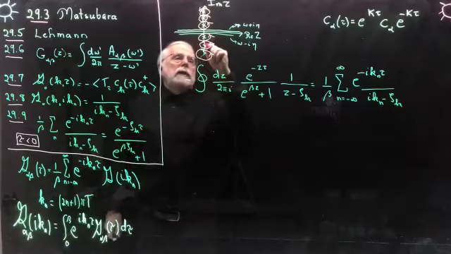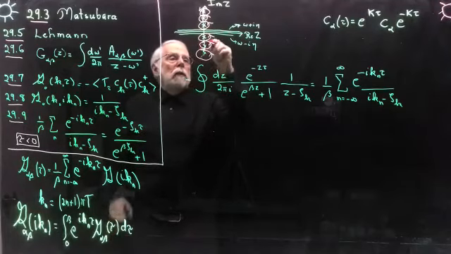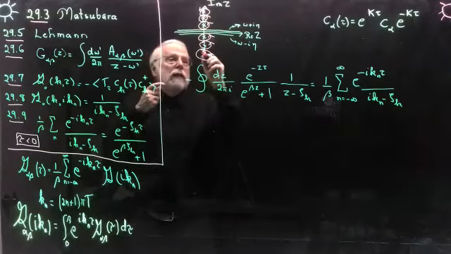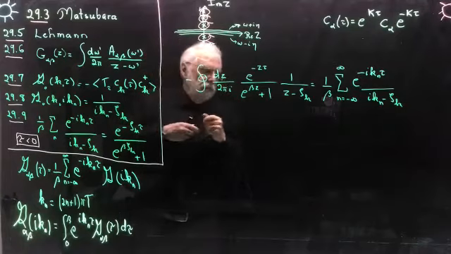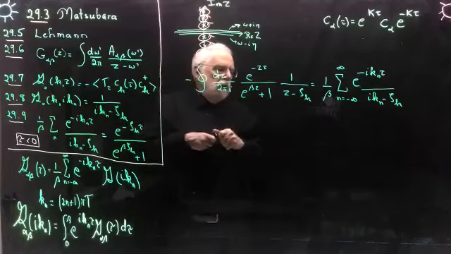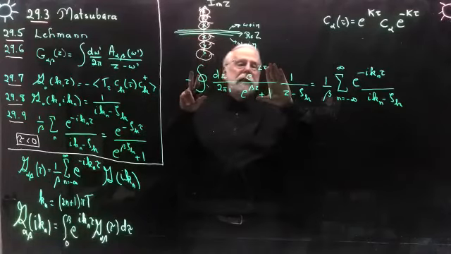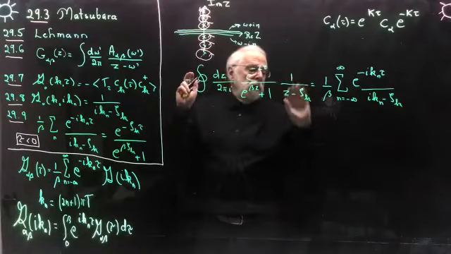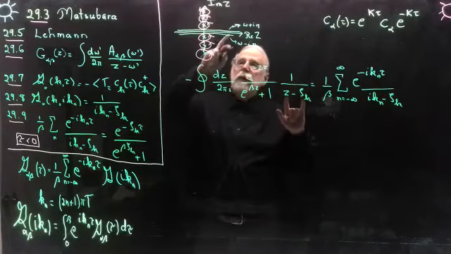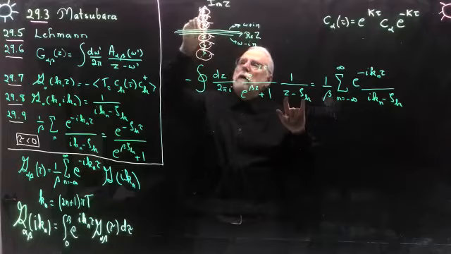What happens now when I do this contour integral around any one of these? Let's take one of them. Then I have to look at whether this function is analytic or has poles. These things are on the real axis, so there's no pole along this contour here.